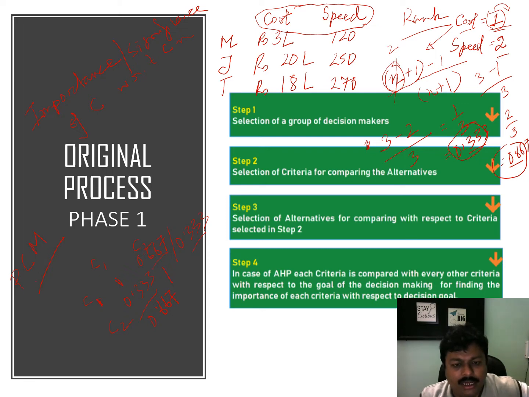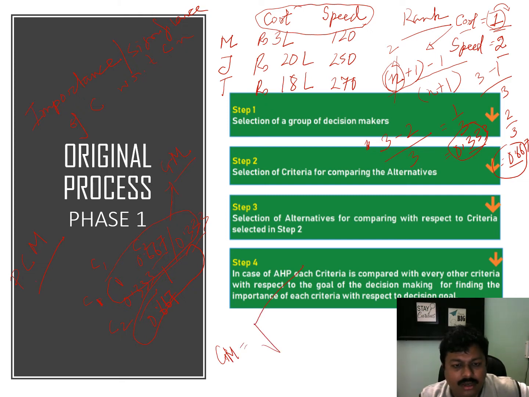So now after this step, what you will do is you will straight away find the geometric mean of this row and also the geometric mean of second row. How to find the geometric mean?